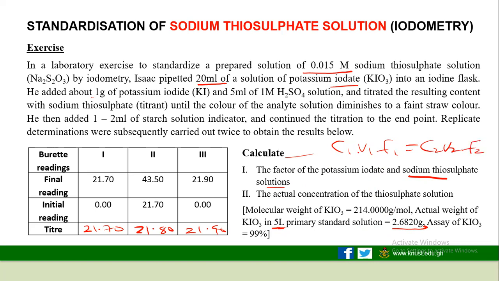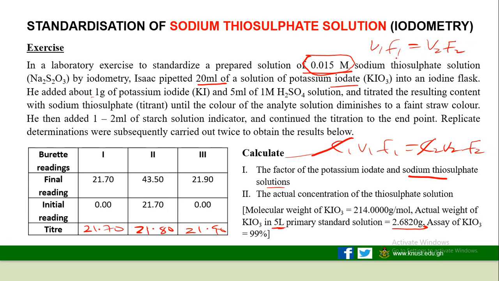Now, we always understand that the concentration of the primary standard is the same as the concentration of the secondary standard, such that if I'm telling you that the solution we are using is 0.015 molar sodium thiosulfate, it means the primary standard, which is the potassium iodide, will be prepared to have the same concentration of 0.015 molar. And so usually the C1 cancels the C2, and so we have V1 F1 is equal to V2 F2. So there's the equation that we use to find the factor.